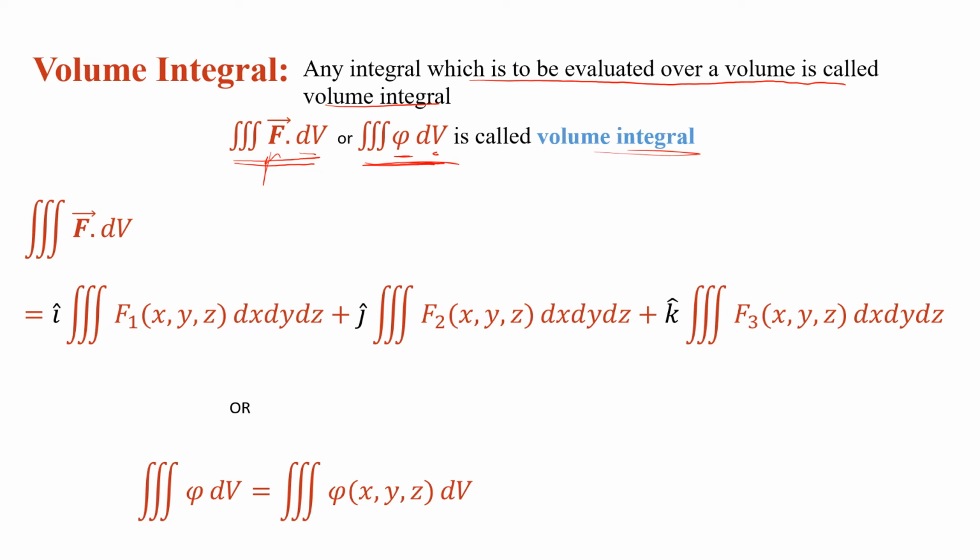In these two forms, if we have the vector F dV, where F1, F2, F3 are functions of x, y, z and are the components of the vector F, we write i triple integral F1 dx dy dz, j triple integral F2 dx dy dz, and the vector k triple integral F3 dx dy dz.